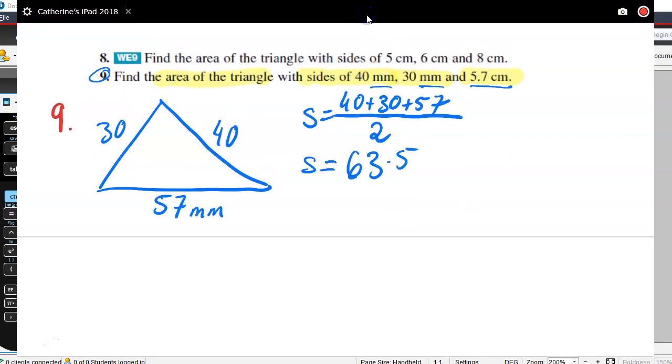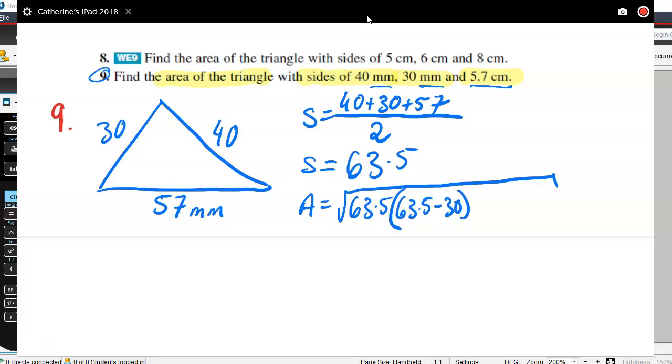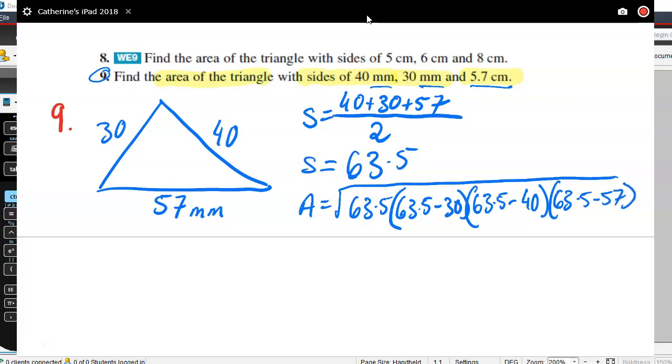So my area is the square root of 63.5 times 63.5 take 30, 63.5 take 40, and 63.5 take 57.